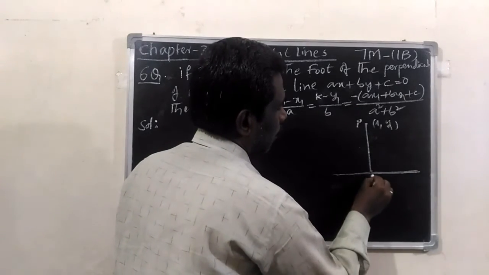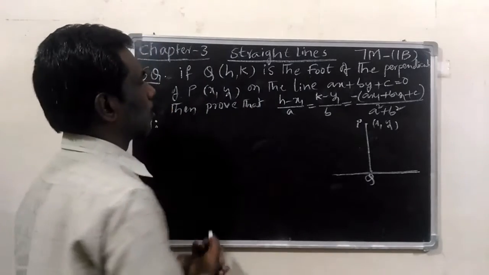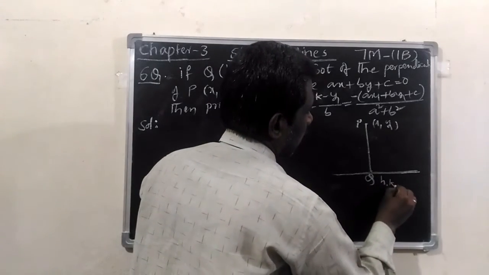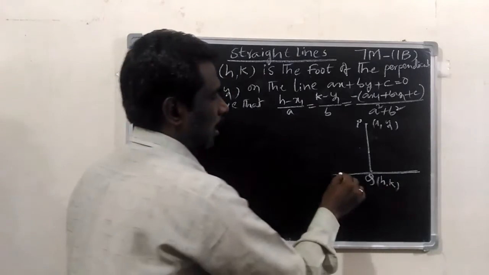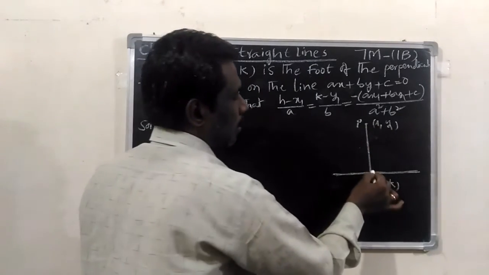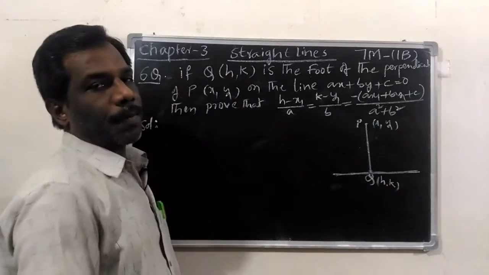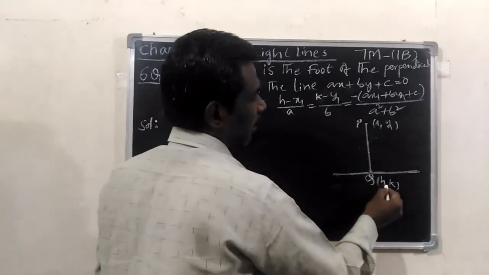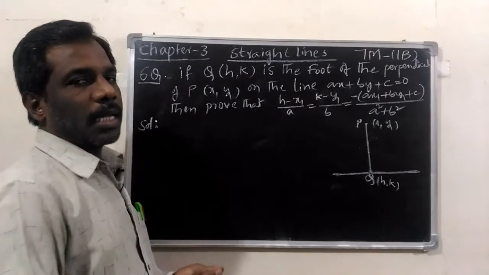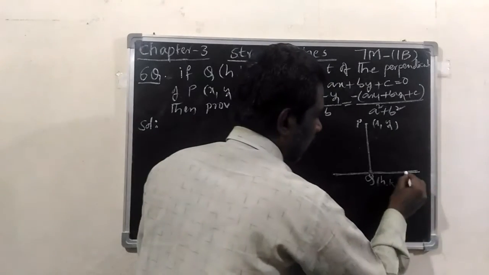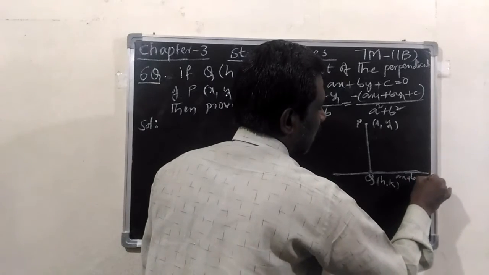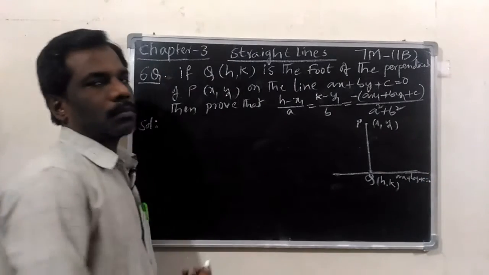This is the foot of the perpendicular Q(h, k). See, this is the perpendicular line and Q is the foot of the perpendicular, and it is given as (h, k), and the point is also given, that is (x1, y1), and this is the line ax + by + c = 0.